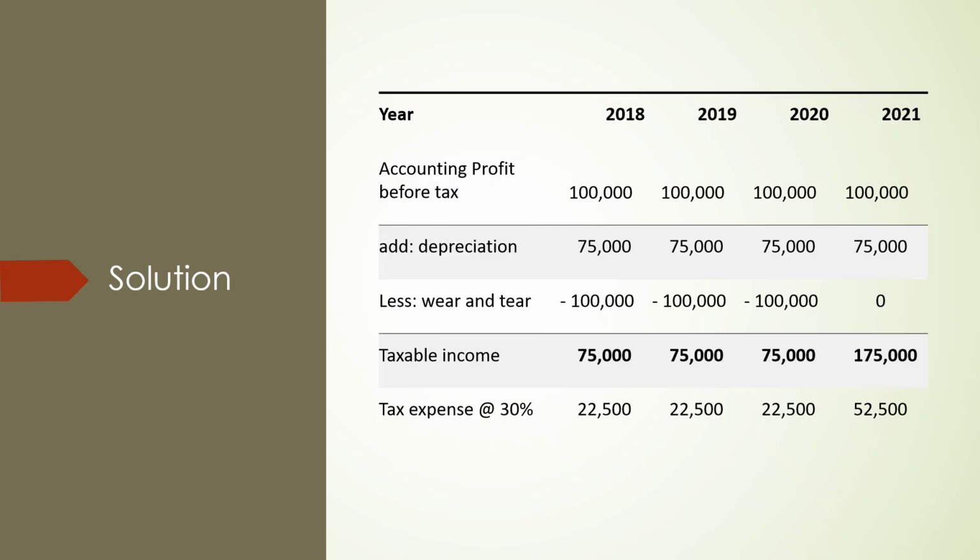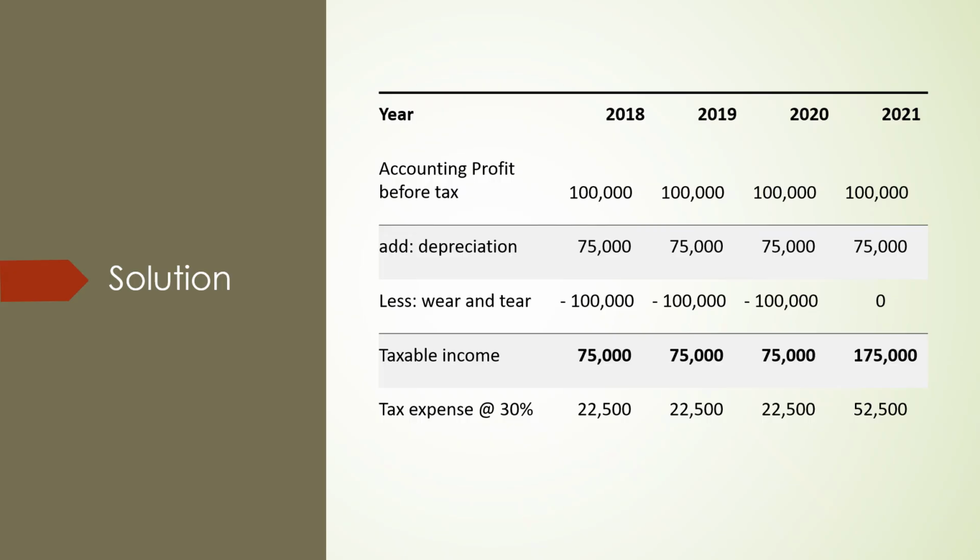In this instance, depreciation is not allowed as a deduction in determining the taxable profit. Therefore, we add back the depreciation to the profit before tax. However, the tax authorities allow wear and tear as a deduction. We therefore deduct this wear and tear from profit before tax.